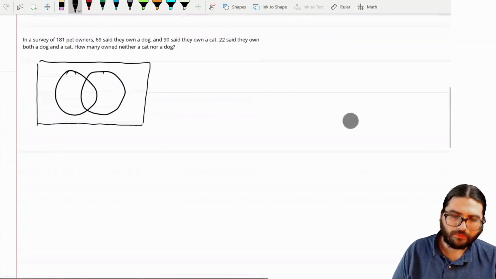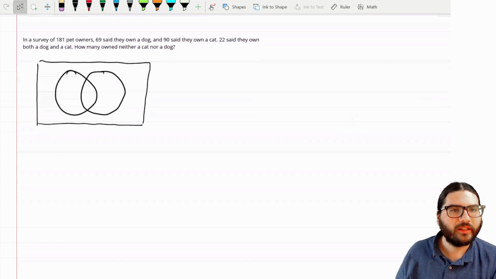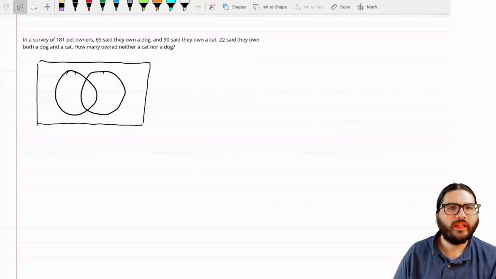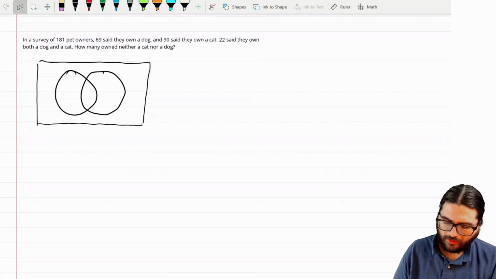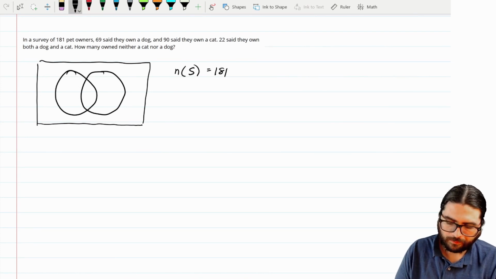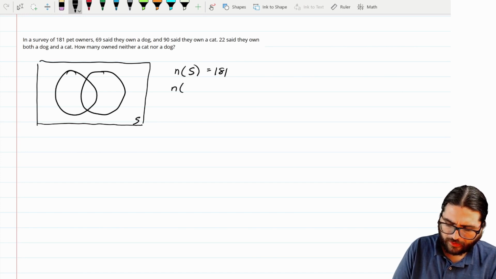Let's do an example. We'll do one with a 2 Venn diagram instead of a 3 Venn diagram to make it a little bit easier. In a survey of 181 pet owners, so I know that the number in the entire thing is 181. 69 own a dog. Let's call that set D. 90 own a cat.